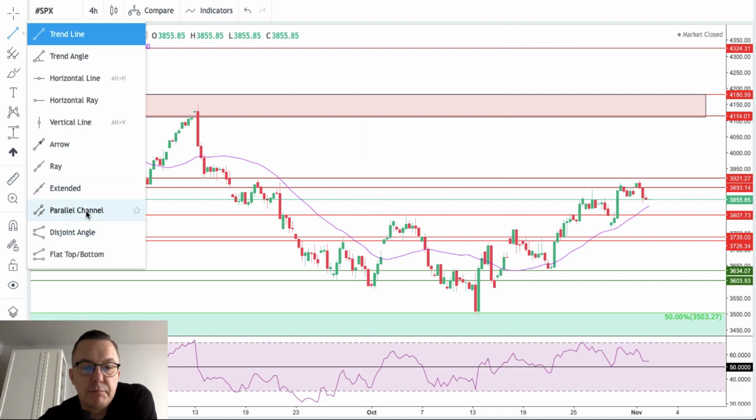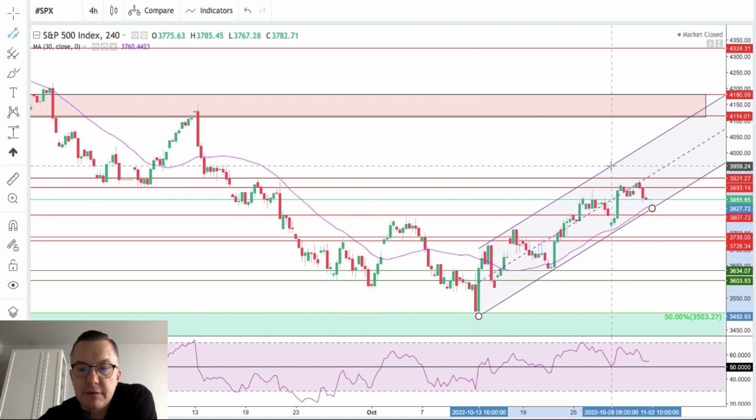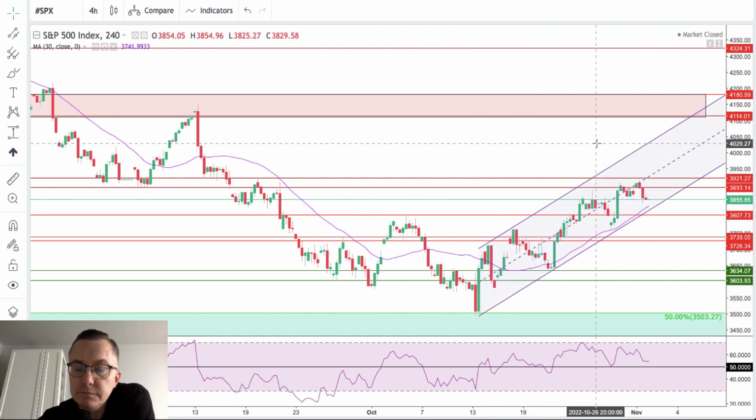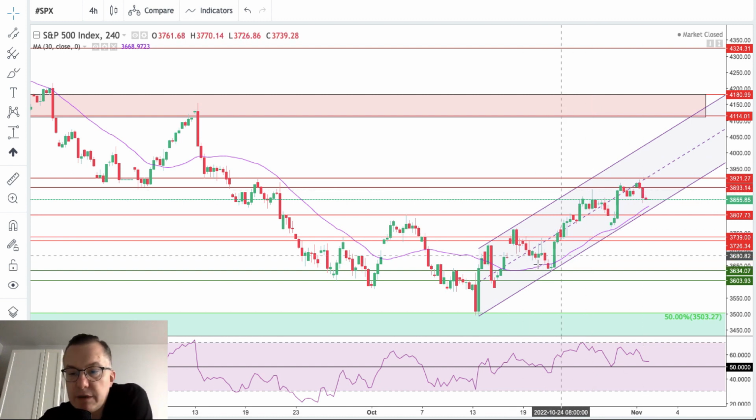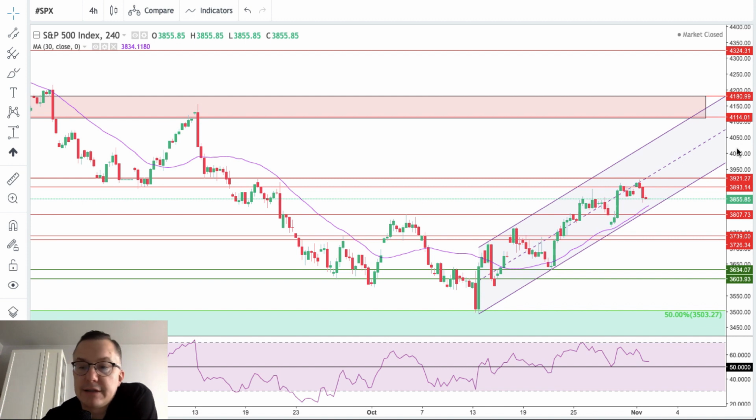Let's try with the parallel channel from here to here. As you can see, the market is apparently moving inside the channel, just above the 30 periods of the moving average, inside of the positive zone of the momentum. So the bulls are now in charge in the short term on the S&P 500.